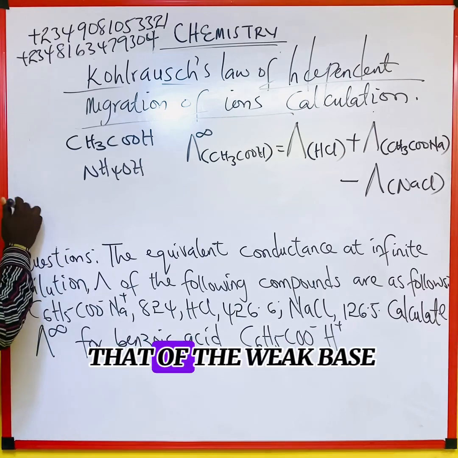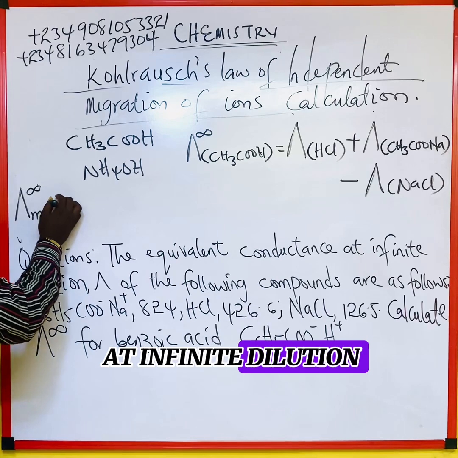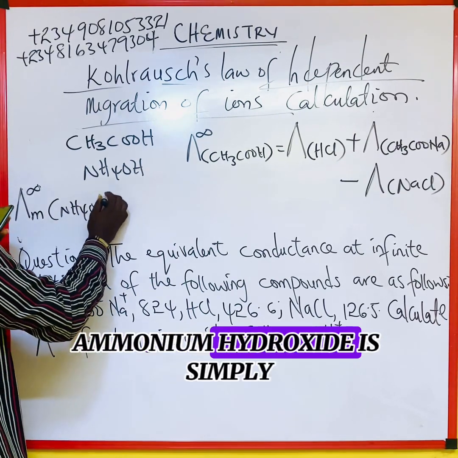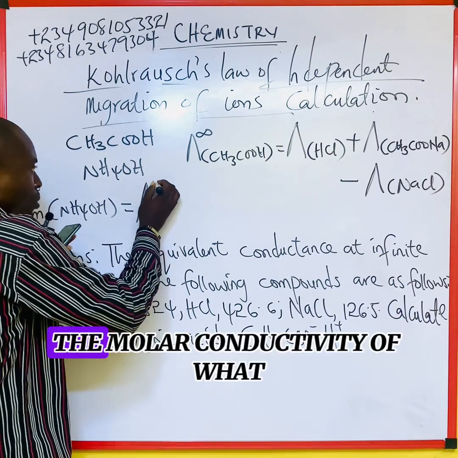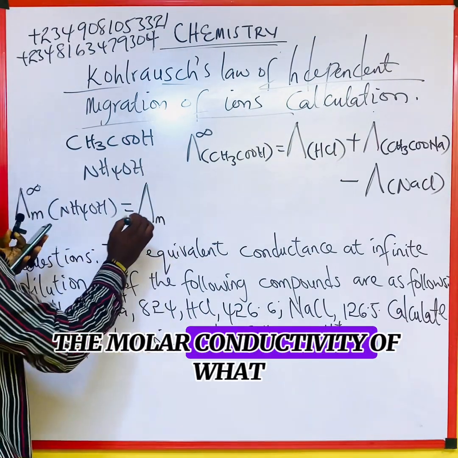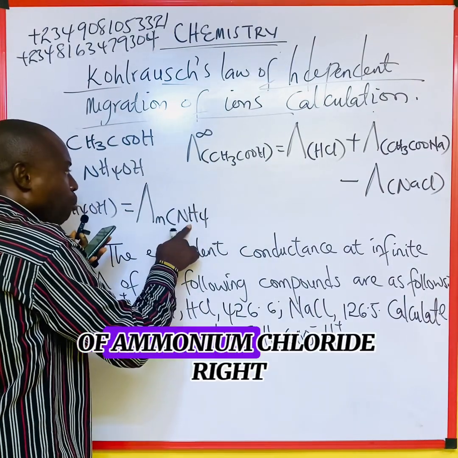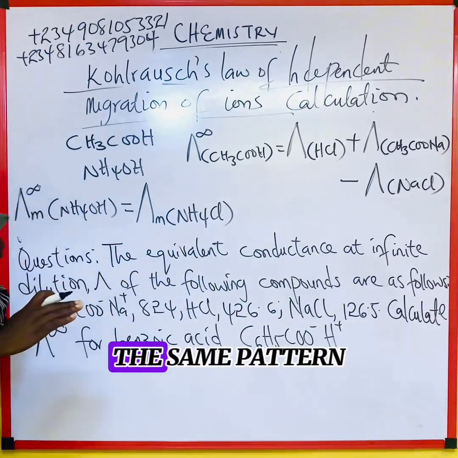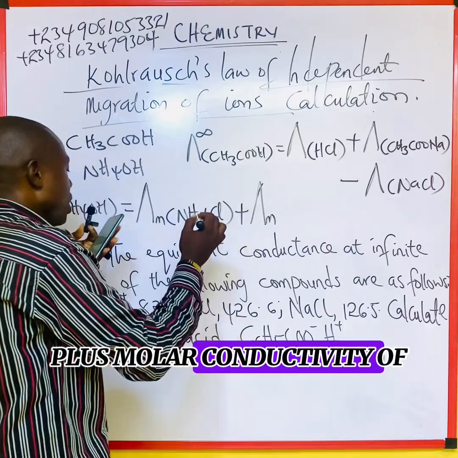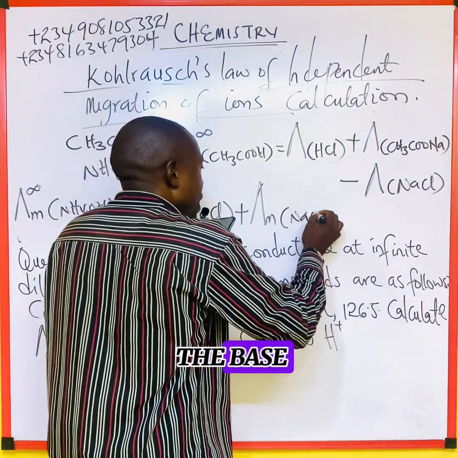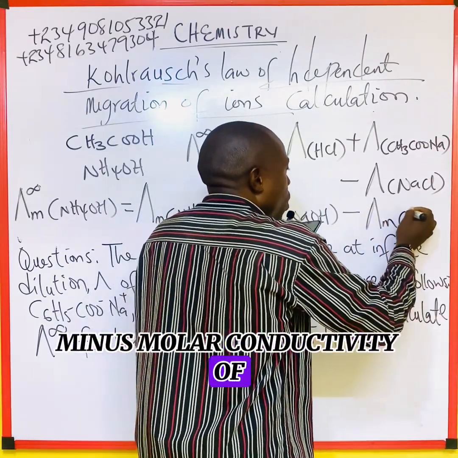Exactly. Now, if we talk about that of the weak base, let's say molar conductivity at infinite dilution, ammonium hydroxide is simply equal to, follow the step now, the molar conductivity of ammonium chloride, the same pattern, plus molar conductivity of the base minus molar conductivity of the what now?